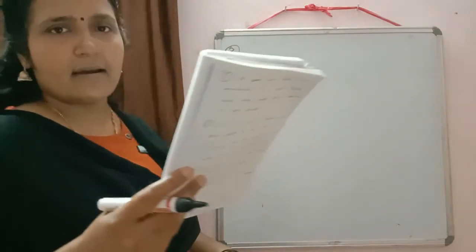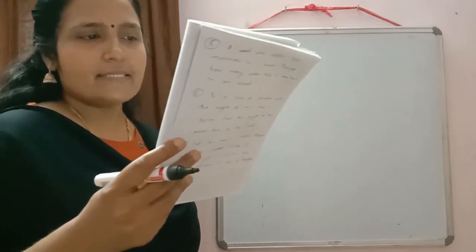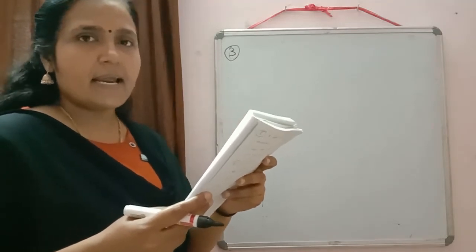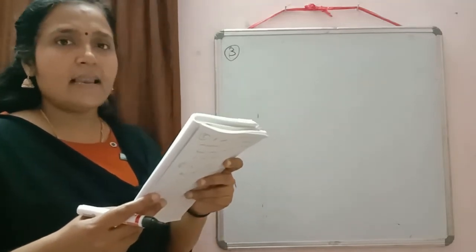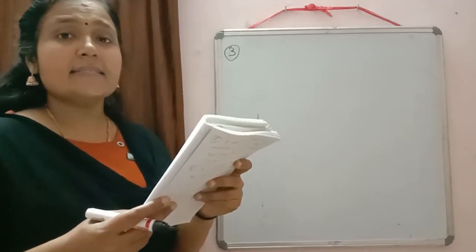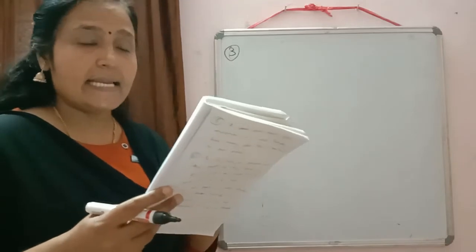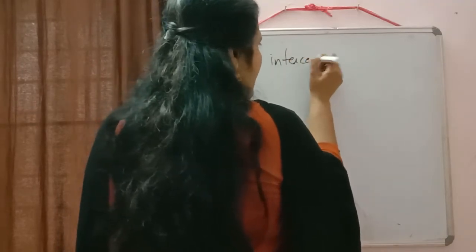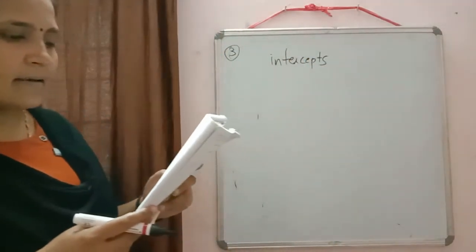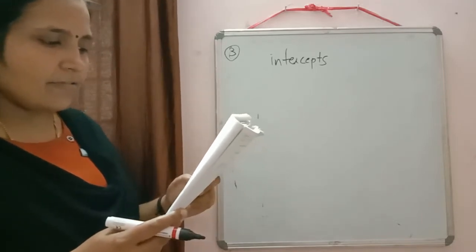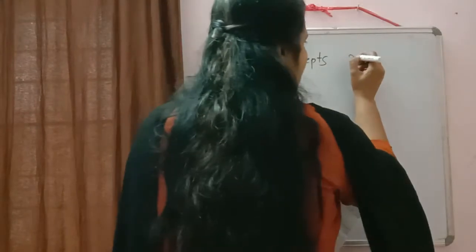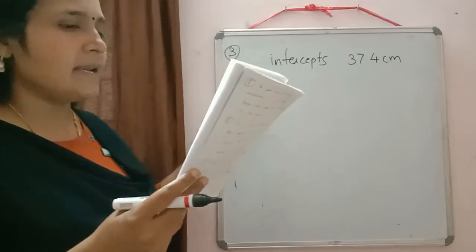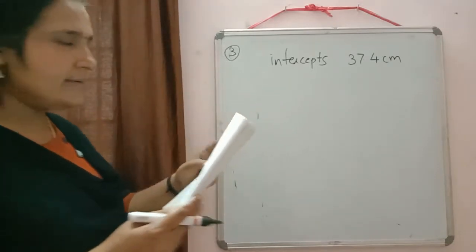Find the radius of a circle in which a central angle of 60 degree intercepts an arc of length 37.4 centimeter.